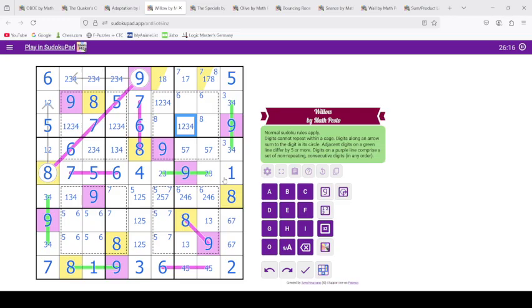I'm missing a Sudoku somewhere. Can't be that far off. Because we're done with all the line logic.